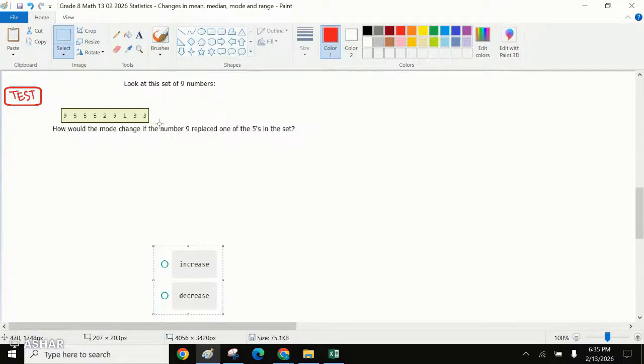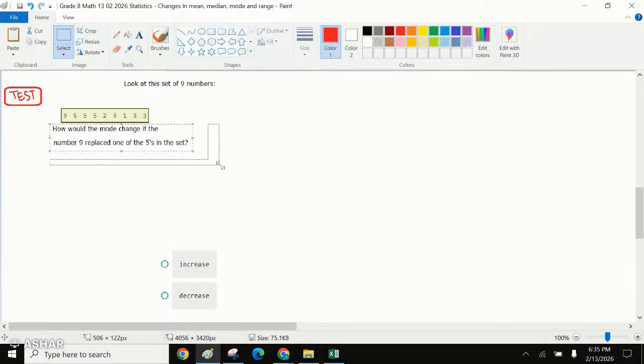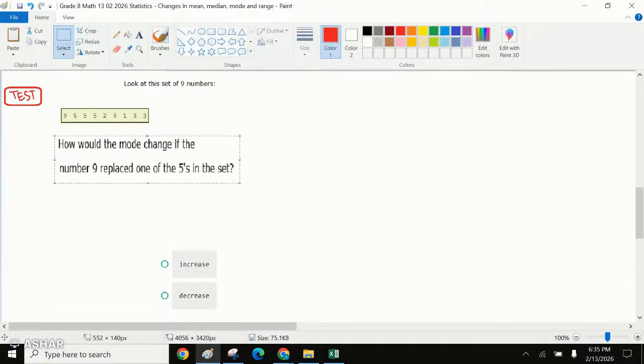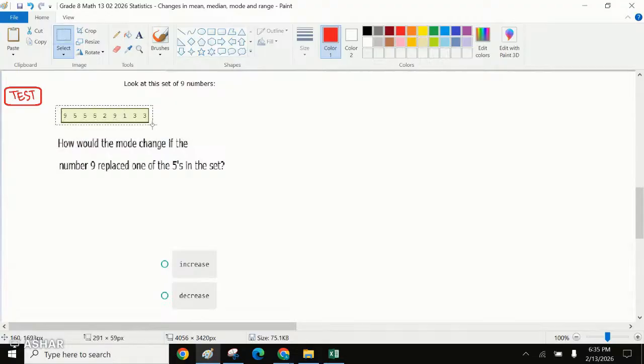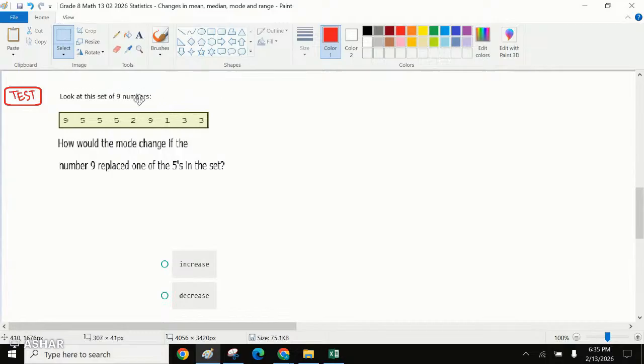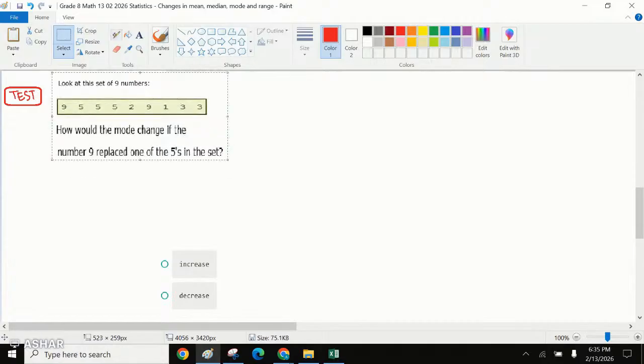These are the two options. And they are saying if these sets of numbers are given to us, these are the 9 numbers that have been given to us. How would the mode change? What is mode? We need to remember that first.